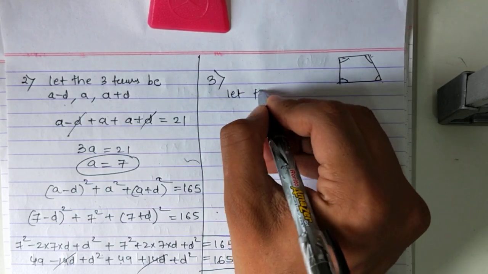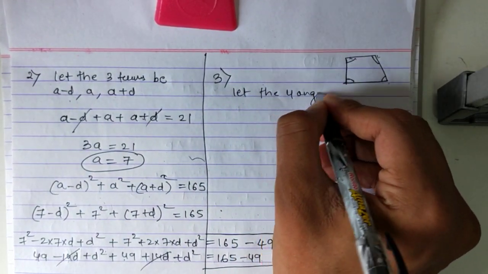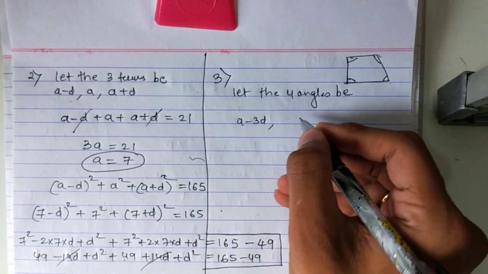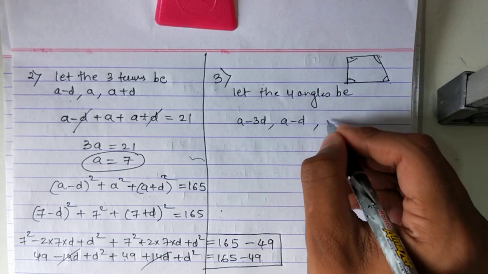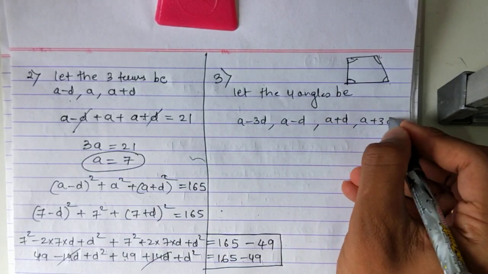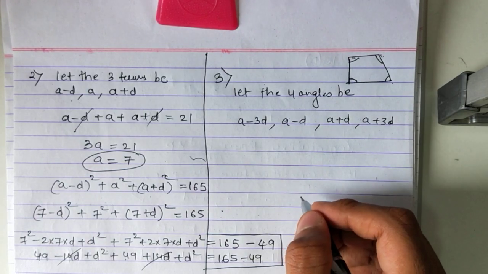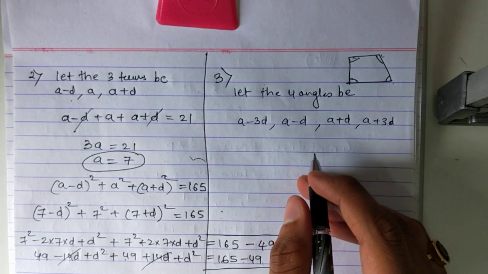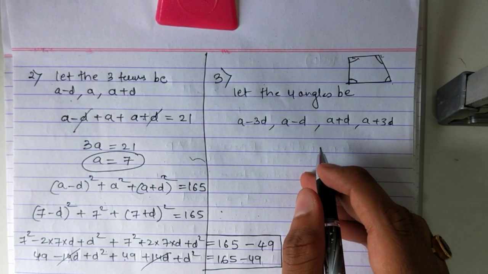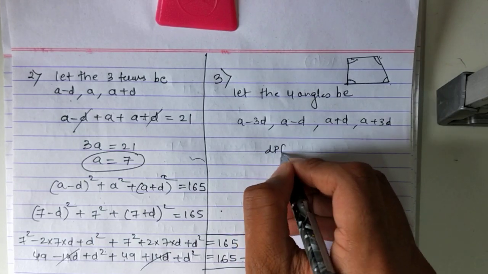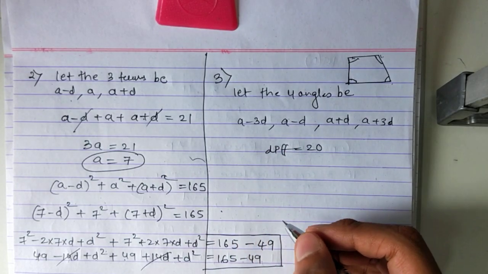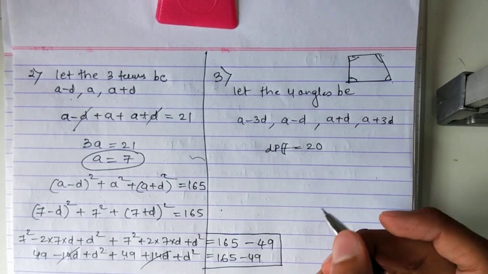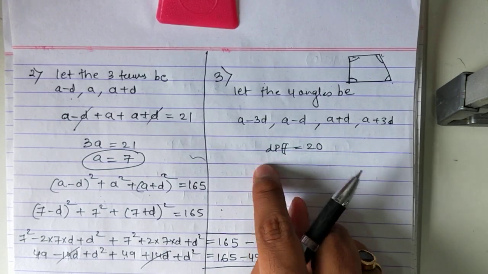So we'll take, let the 4 angles be, I've told you अगर 4 होगा तो what do we have to take? We take a minus 3d, a minus d, a plus d and a plus 3d. Okay, these are my 4 angles. Now common difference 20, they have told that the difference is 20. अभी यहाँ पे confuse नहीं होना है, mistake नहीं करना है.